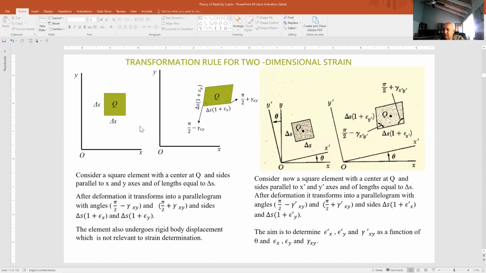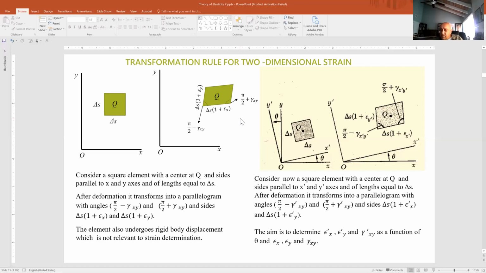One side is delta S (1 + epsilon x), the other side delta S (1 + epsilon y), and the change in the angle is pi over 2 minus gamma xy. This is the smaller angle, and the larger angle is pi over 2 plus gamma xy. So this shows the deformation of the element. This shows how the dimensions change, how the angle changes.